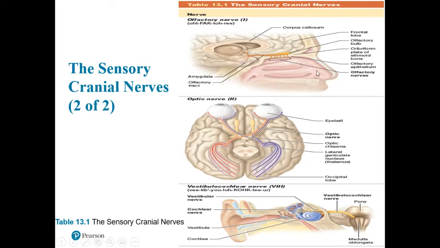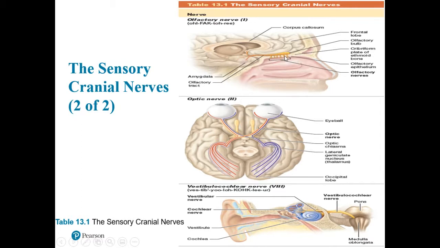So just picture, right, this person breathing in, all that air moving in. That air is gonna become dissolved in mucus that's located along the borders, if you will. So it dissolves, and those odorants cause action potentials to be triggered here in these nerve endings.